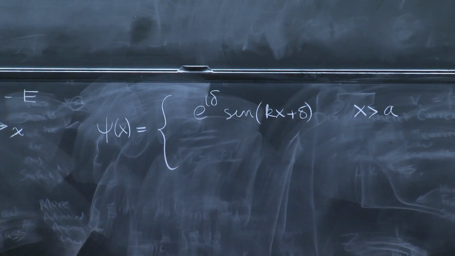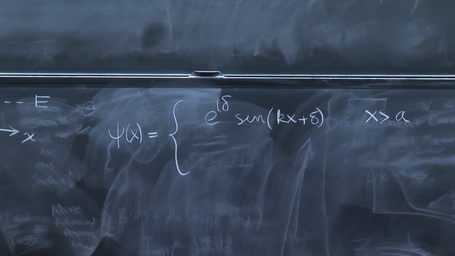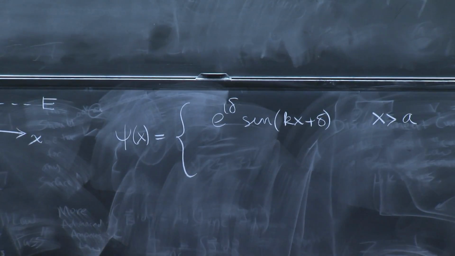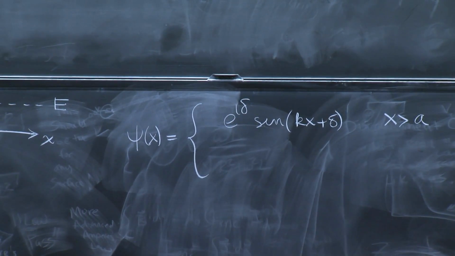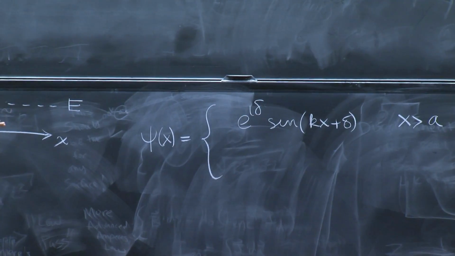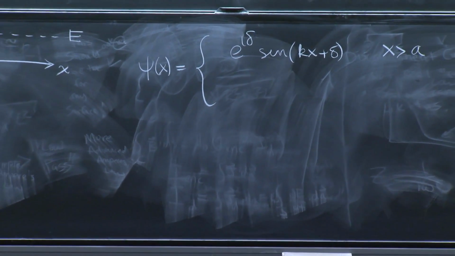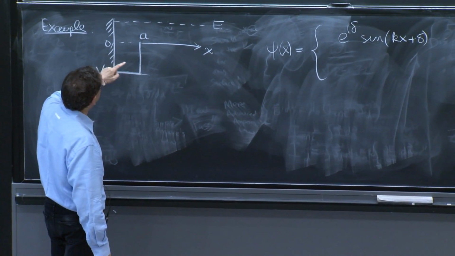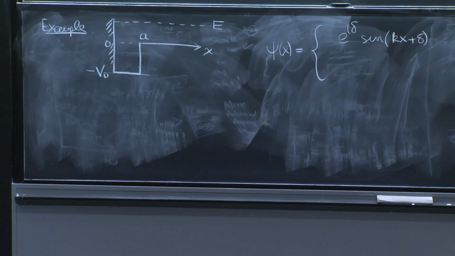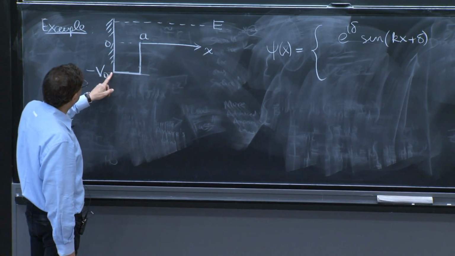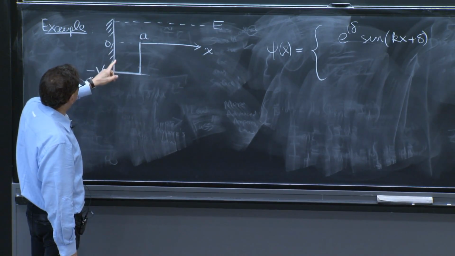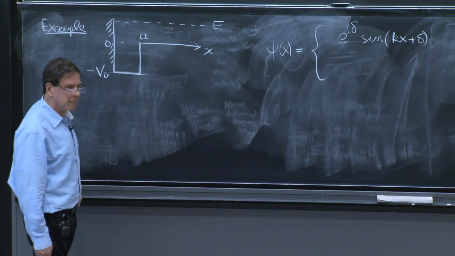If you were not using that ansatz that has all the relevant information for the problem, time delays, everything, you would simply write some superposition of e to the ikx and e to the minus ikx with two coefficients. On the other hand, here, we will have, again, a wave. Now it could be maybe an e to the ikx or an e to the minus ikx. Neither one is very good because the wave function must vanish at x equals 0.